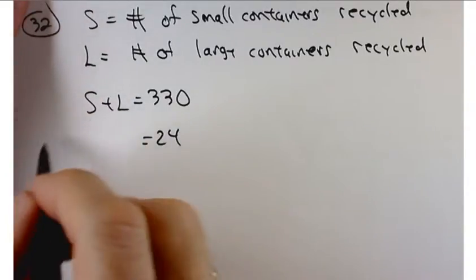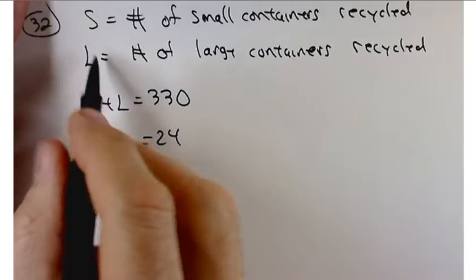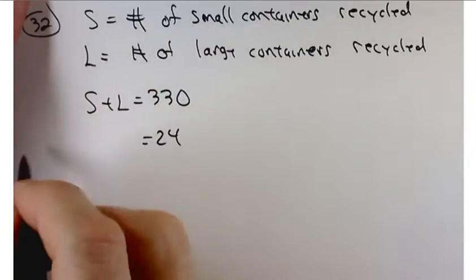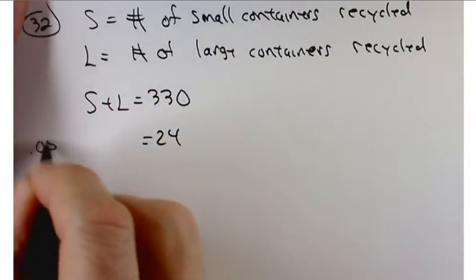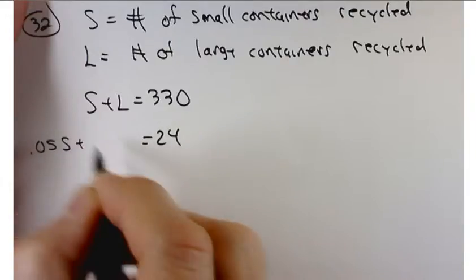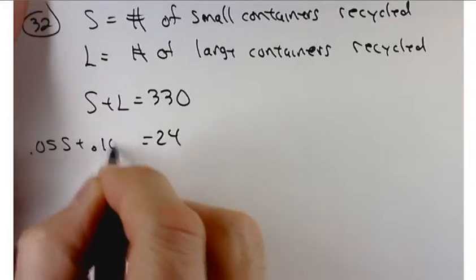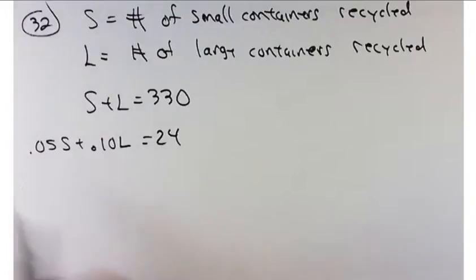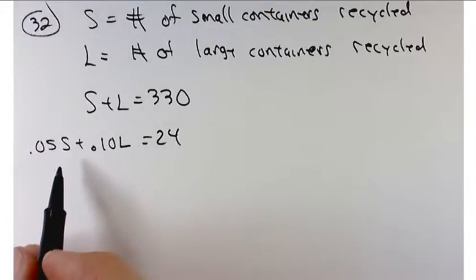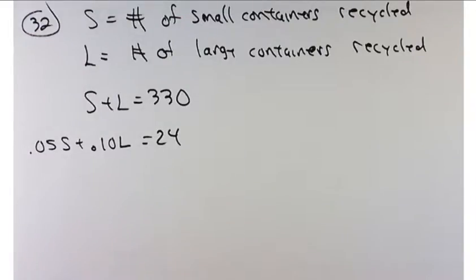Good. So we get 5 cents per small container recycled. So 0.05 S plus 0.10 L. So 5 cents for every small container plus 10 cents for every large container. And you get a total of $24 out of all this.